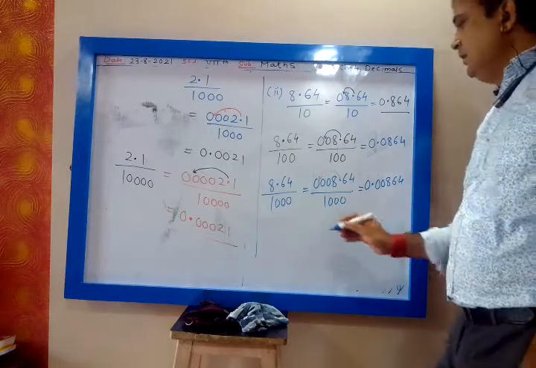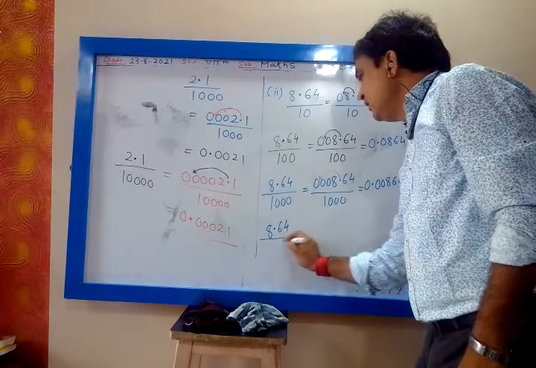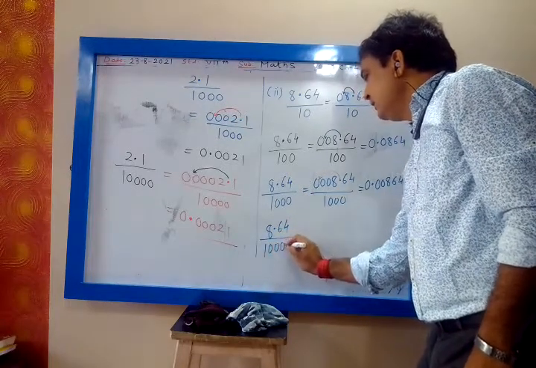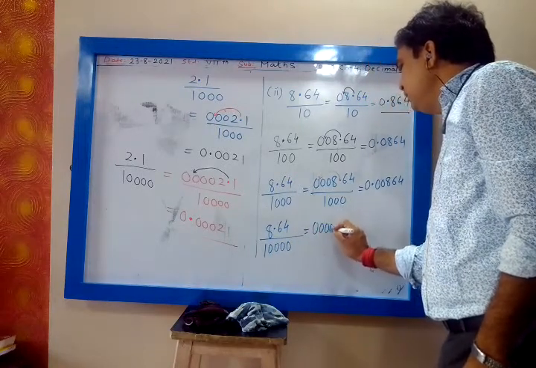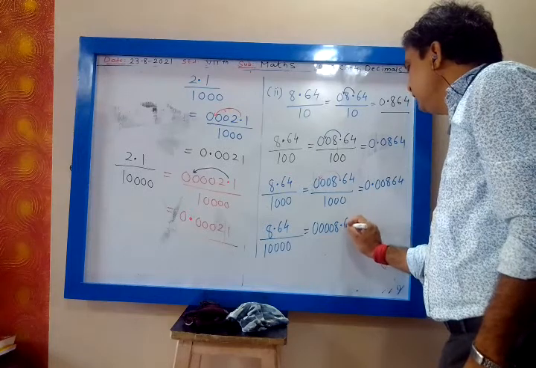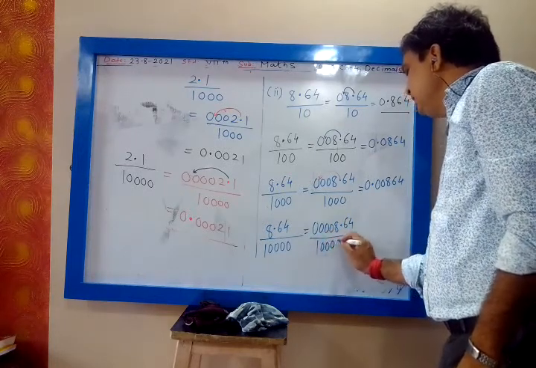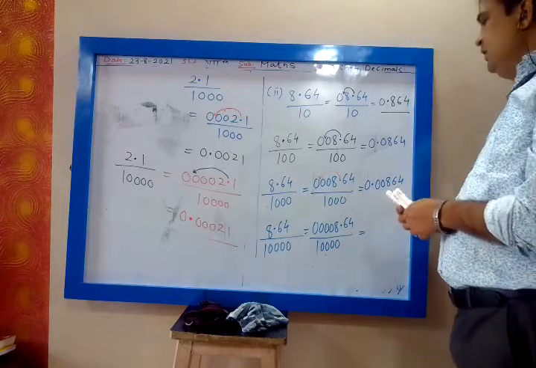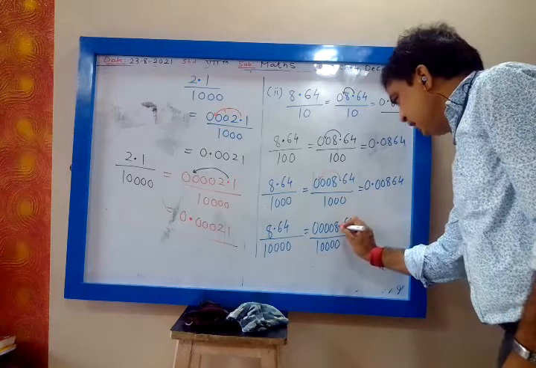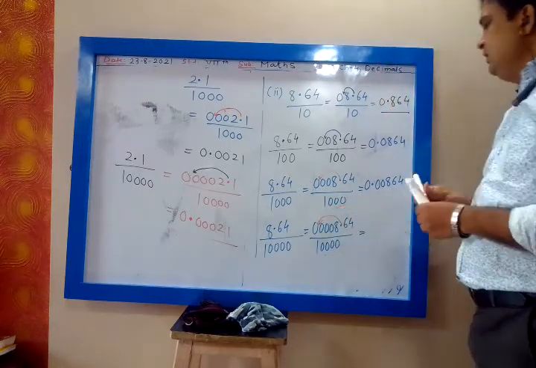Now let us divide 8.64 by 10,000. So add 4 zeros. 1, 2, 3, 4. Now there are 4 zeros, so shift the decimal to the left.